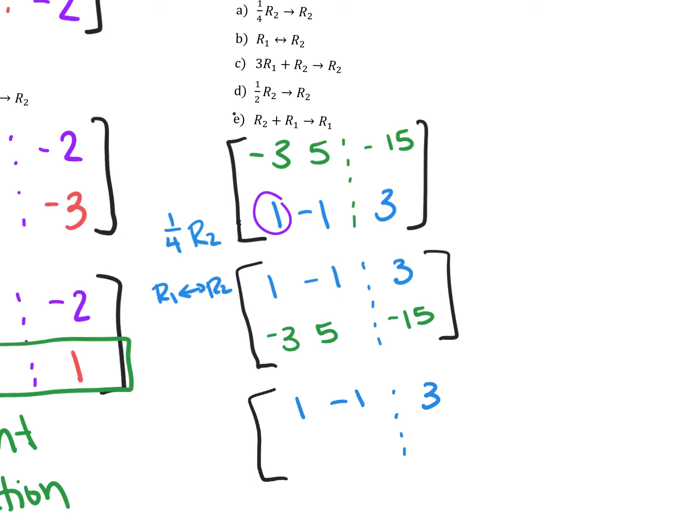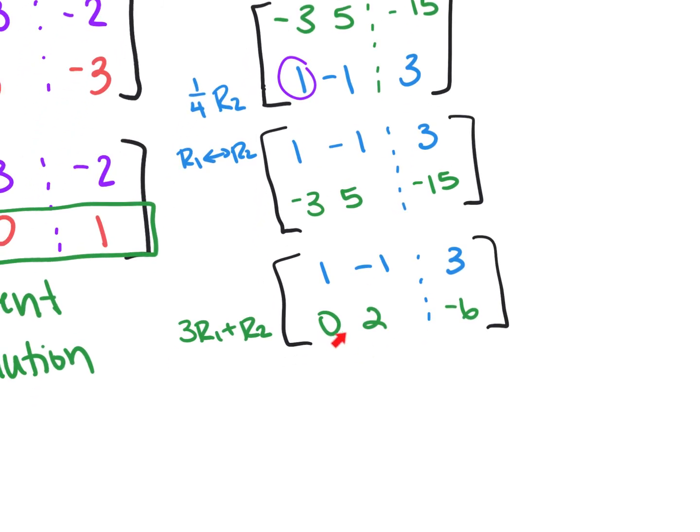So 3 times 1 is 3, plus a -3 is 0. 3 times -1 is -3, plus 5 is +2. 3 times 3 is 9, plus -15 is -6.